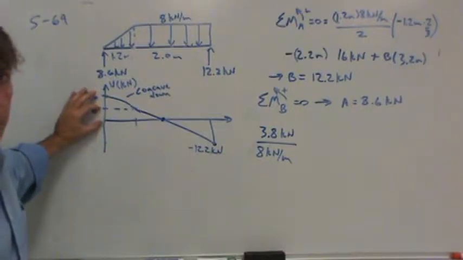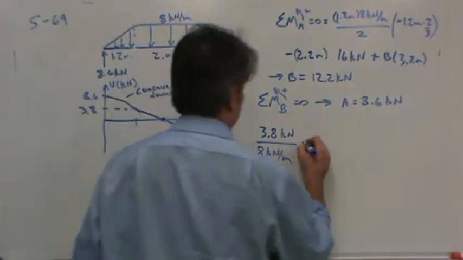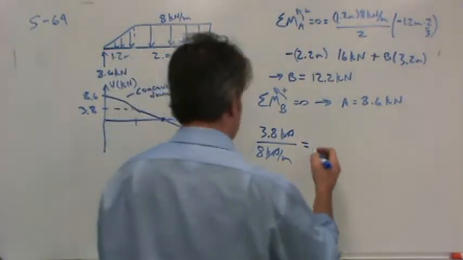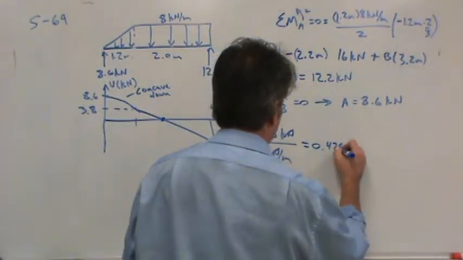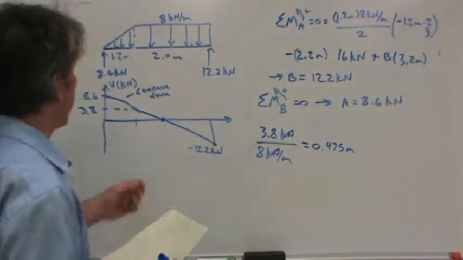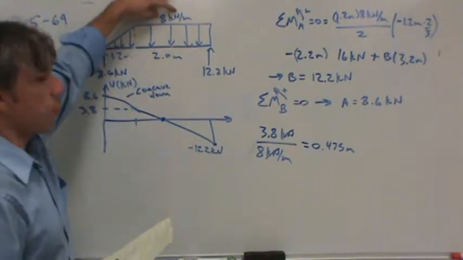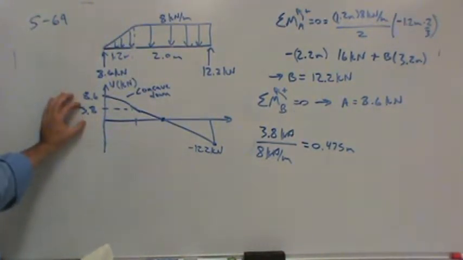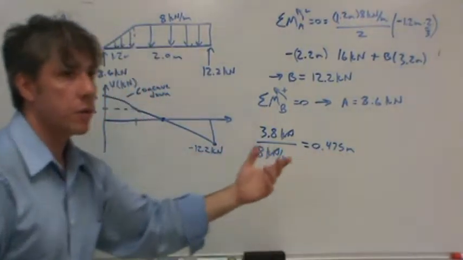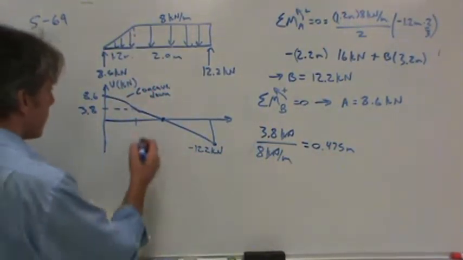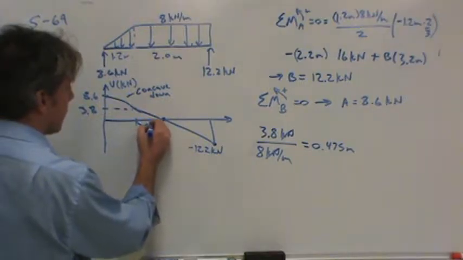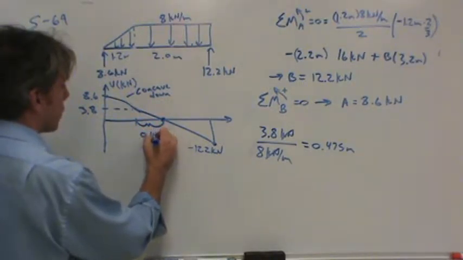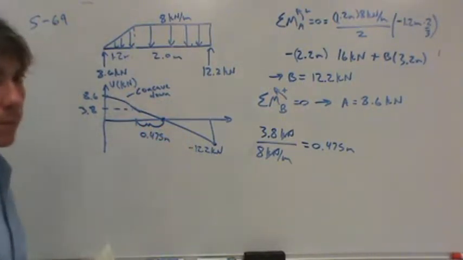Does that make sense? When I plugged in the numbers, what I found is that I needed 0.475 meters, which makes sense, because a half meter's worth would give you 4 kilonewtons, right? I don't need a total of 4 kilonewtons, I need 3.8. So something less than a half, but close, makes sense. Okay, so basically what that tells me is that the distance here is 0.475 meters.